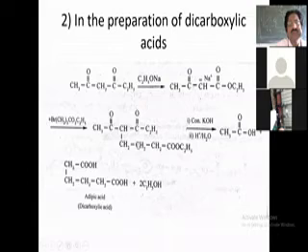Now once again the same linkage takes place, and then it undergoes the same reagent, KOH, and acid hydrolysis. You get the acetic acid and then the dicarboxylic acid, which is called adipic acid.